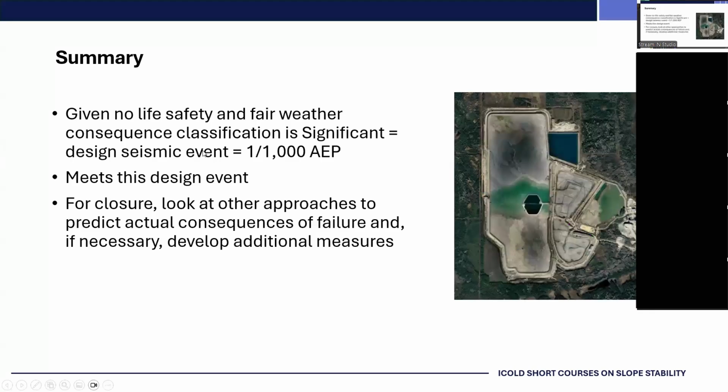So, given that we have no life safety, we have a fair weather consequence classification of significant, we're okay under the 1,000. For closure, we will look at other approaches.